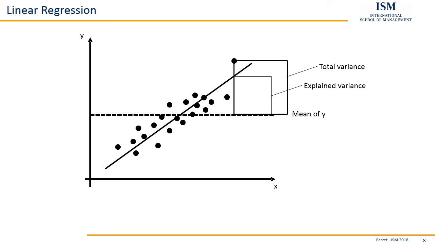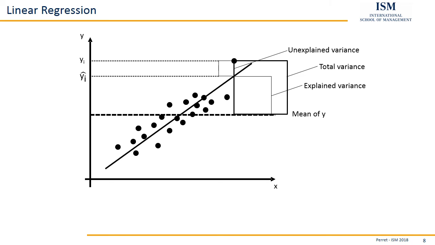It divides explained variance of y by total variance of y. Well, here that's the unexplained variance. So if we have those two additional values, we see what our coefficient of determination, our R squared, actually is.